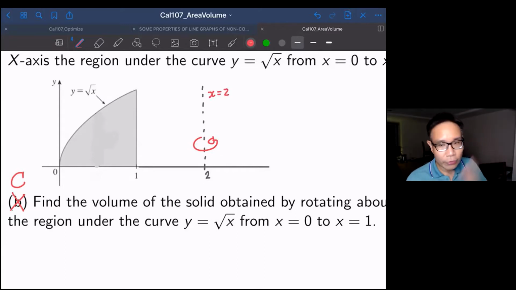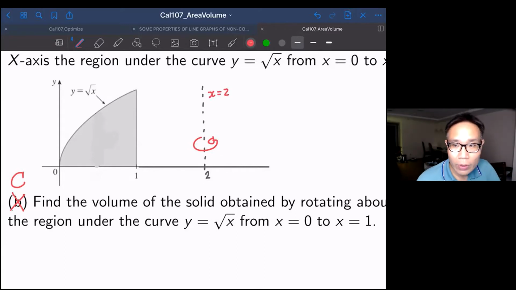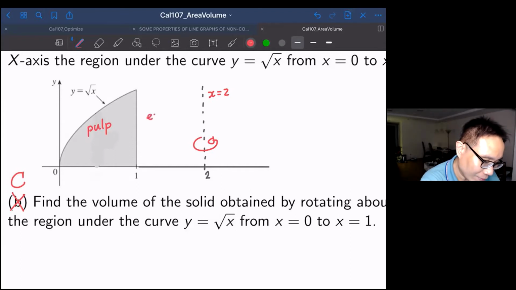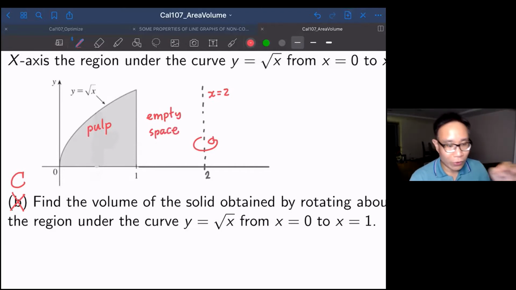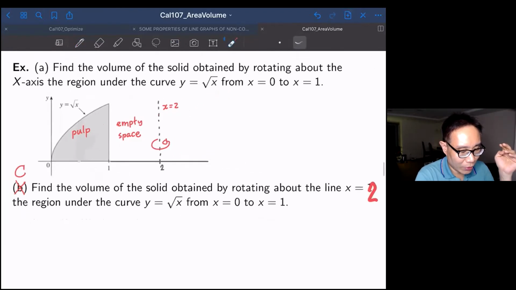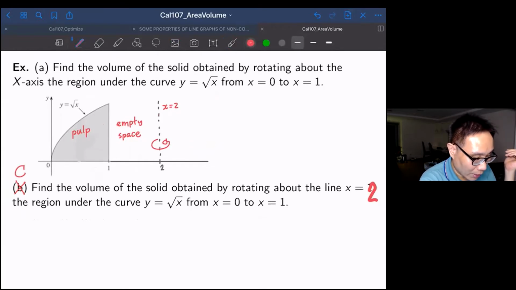So when you have this one, you see that you're gonna have the path, and you're gonna have some empty space. Imagine that you're rotating this guy, so you're gonna get another direction.